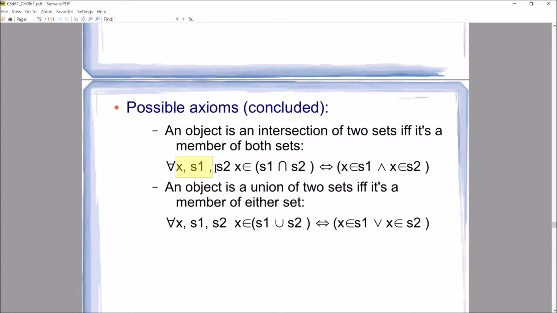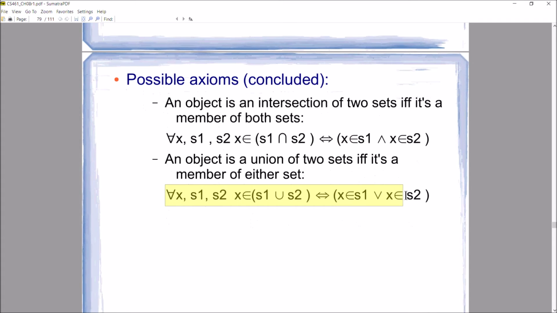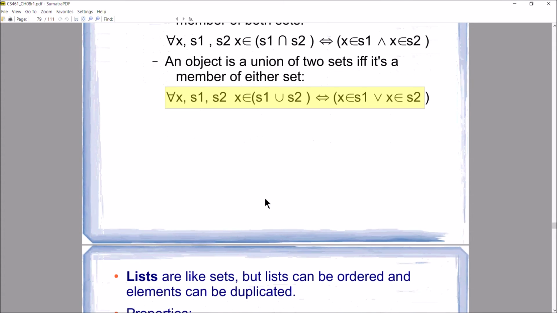So for any three objects, the only way that x is in the intersection is if it's in both S1 and S2. It goes both ways, okay? And then this is an example of how you could define a union of two sets.